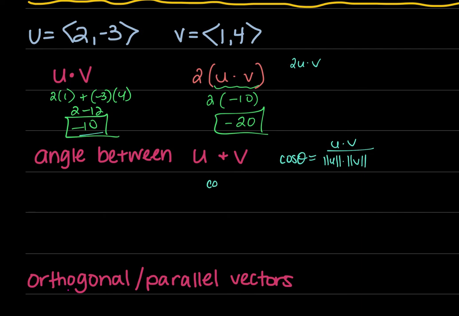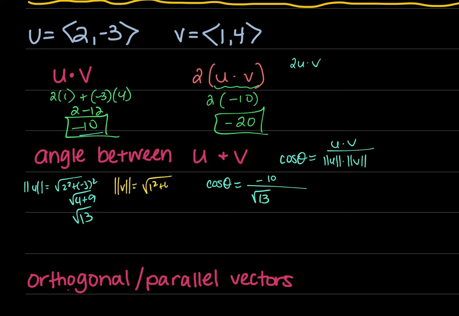So this would be the cosine of theta equals negative 10 over the magnitude of u, which is the square root of 2 squared plus negative 3 squared, square root of 4 plus 9, square root 13. The magnitude of v is the square root of 1 squared plus 4 squared, square root 1 plus 16, square root 17. And then we take cosine inverse of that whole thing in the calculator.